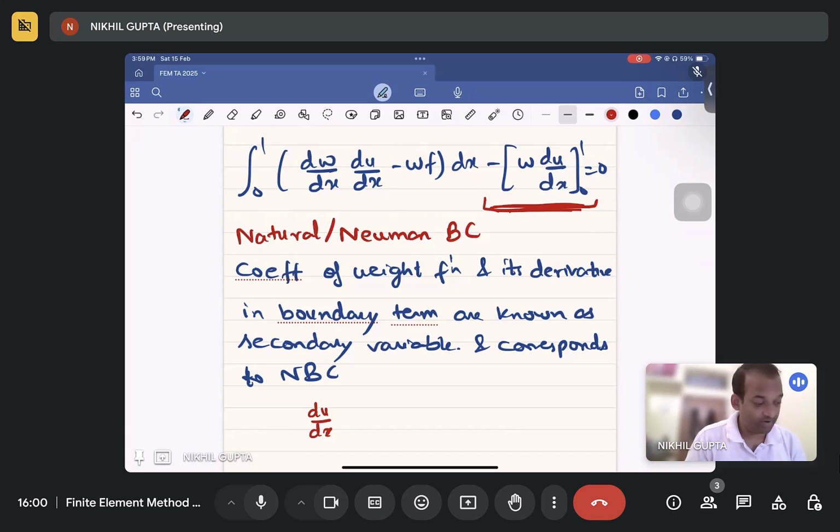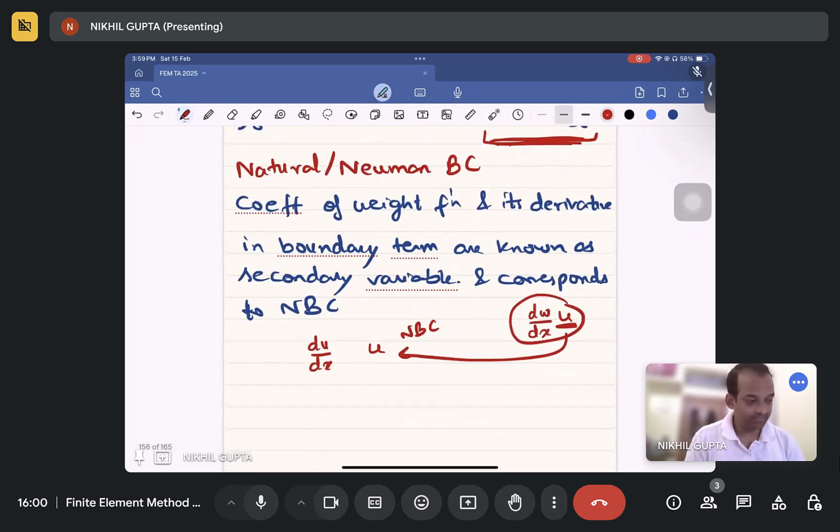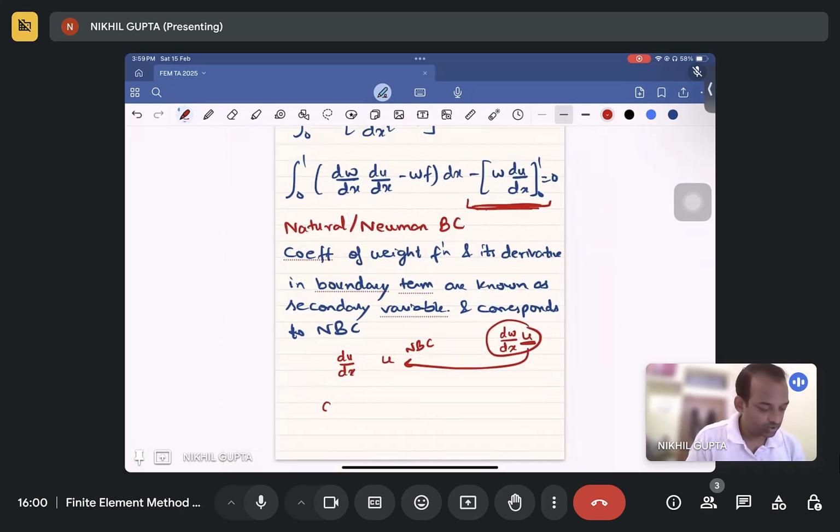No. If it had been like this, something like this, then one more would come up as u. That coefficient would also correspond to the Neumann boundary condition. Since here we have only du by dx, du by dx is our Neumann boundary condition, and this variable will be known as the secondary variable.